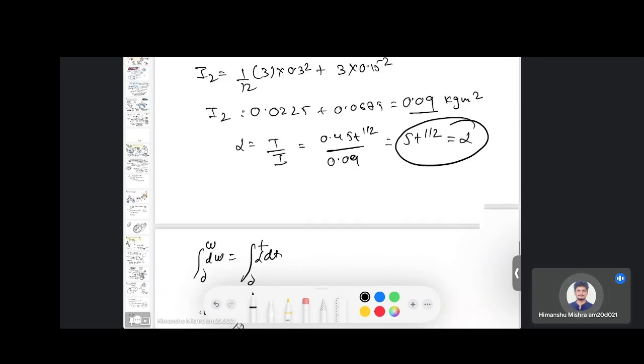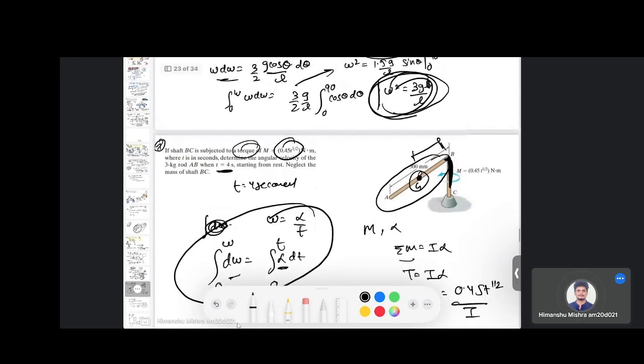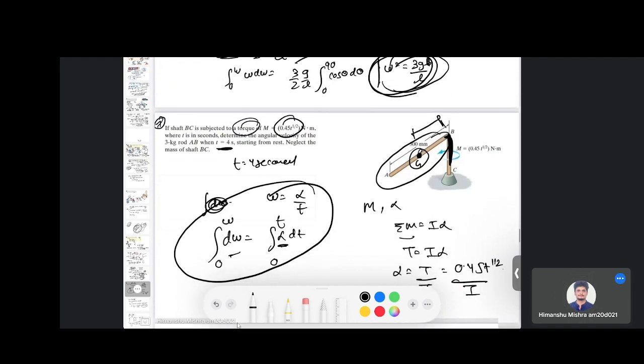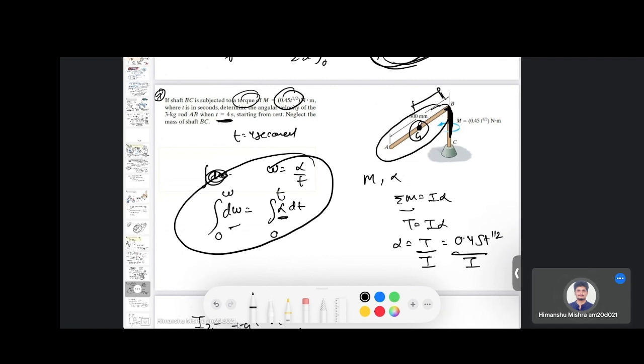So again, you can see in this question we have used two concepts. First, since the rod is rotating, we need to find the angular velocity, and we have been given the torque or the moment. So we first need a relation which gives the connection between the moment given in the question and kinematic quantities like angular acceleration and angular velocity.